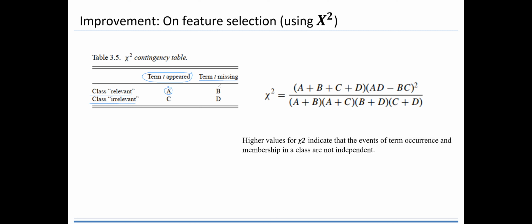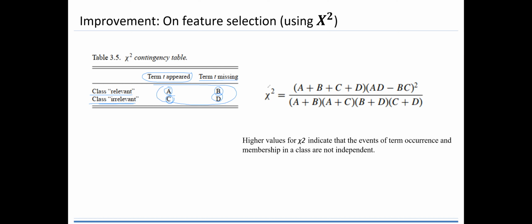It means how many times the term T is missing. So this is also a frequency or a number. If the class is irrelevant, then how many times the term T appears, and in this case, how many times the term T is missing. So we can have these numbers.